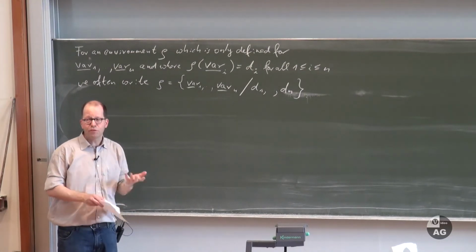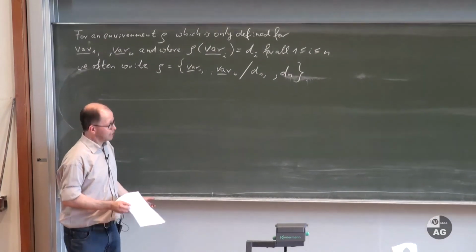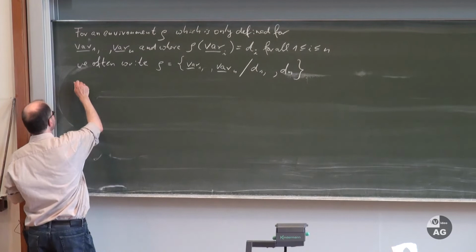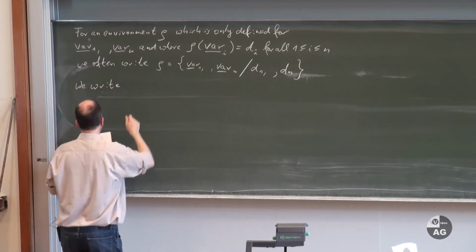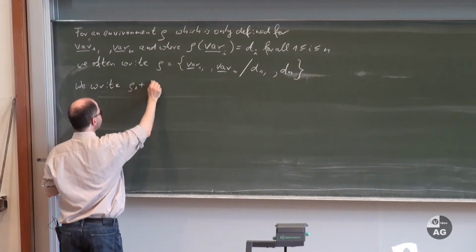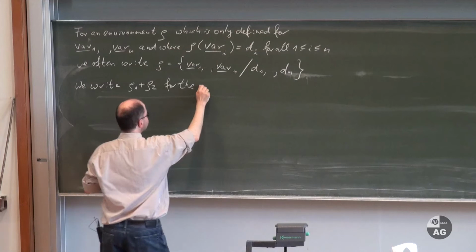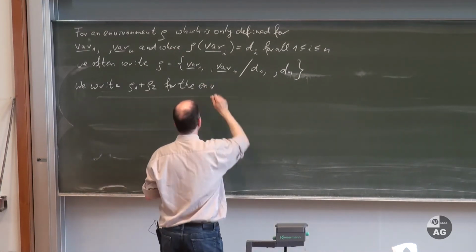And so to modify these environments, to extend them, we need an operation to do this, and I will denote this by the plus symbol. So we can extend environments, and we write rho1 plus rho2 for the environment which results from rho2 by extending it by rho1.